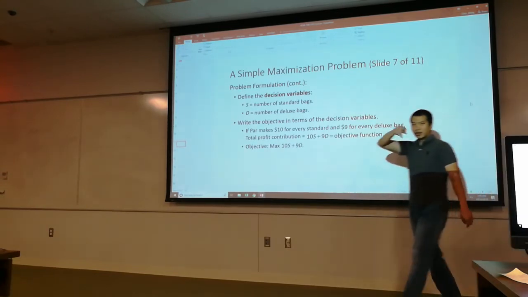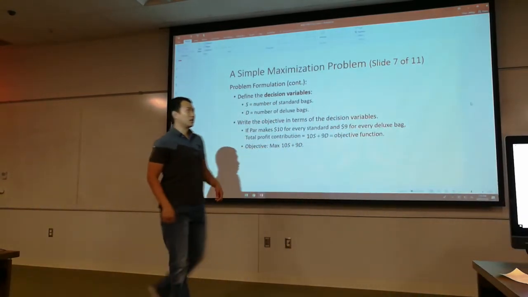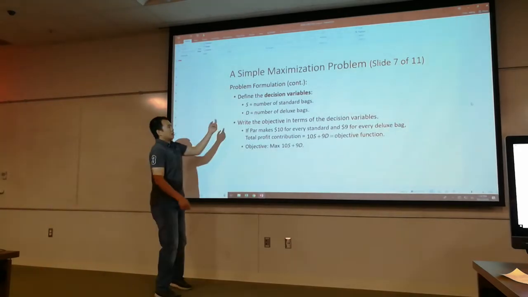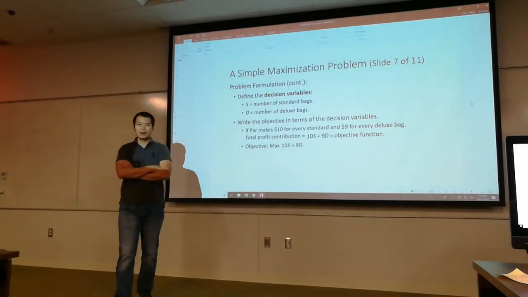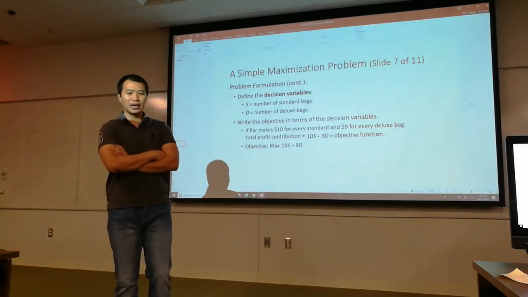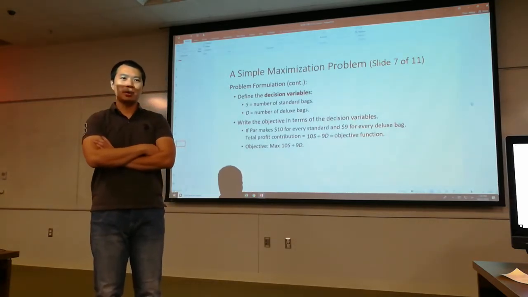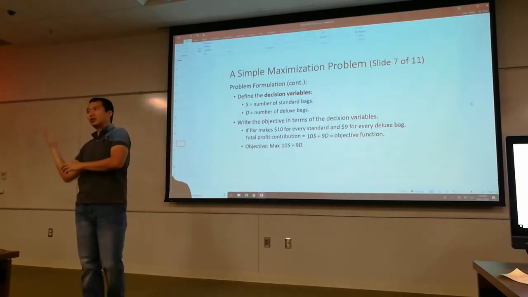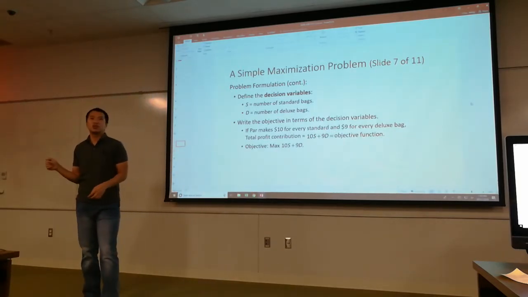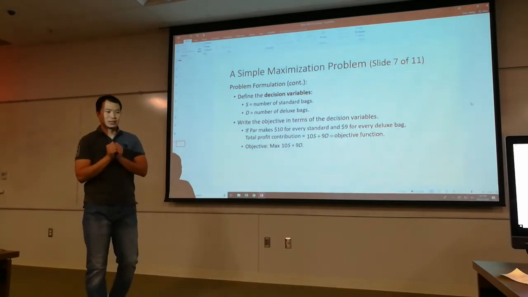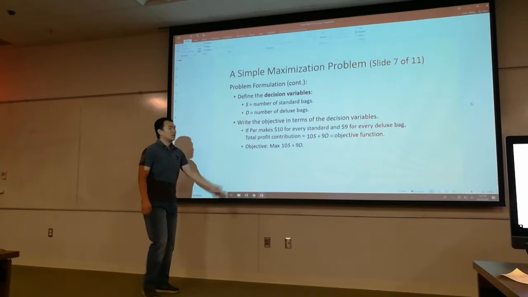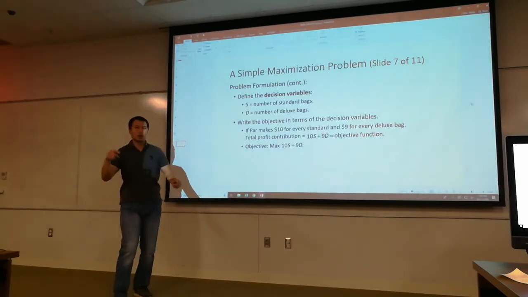Then let's use some notations for the decision variables and other parameters. So decision variables, it's kind of flexible. So normally, when I was taking the optimization classes, I was using x, y, or z to denote the decision variables. But here, if you put into the Excel, you don't have to use x, y, or z.